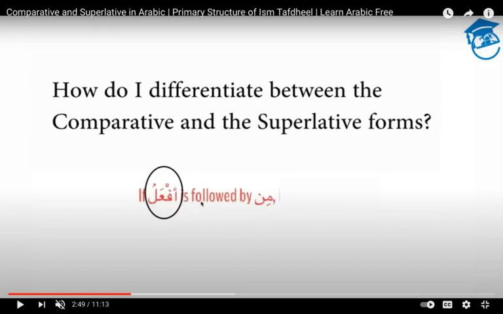But if it's followed by min, this is what is called comparative. Example, خالد أكبر من أخيه. Khalid is older than his brother, or bigger than his brother.